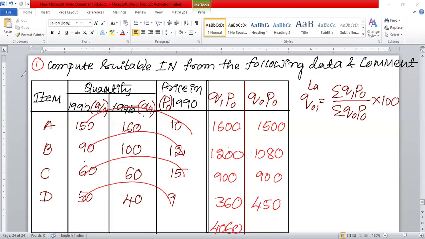Finally, the total is 450 plus 900 plus 1080 plus 1500, which is 3930.